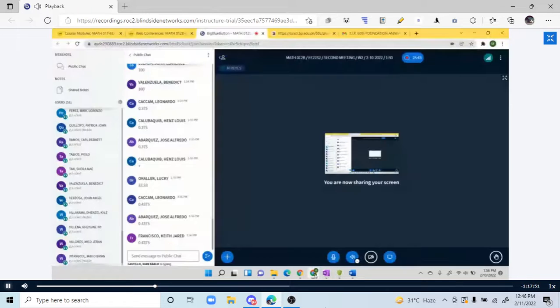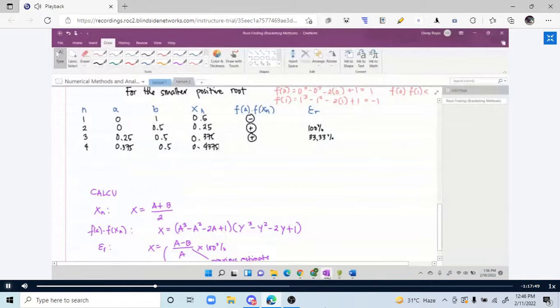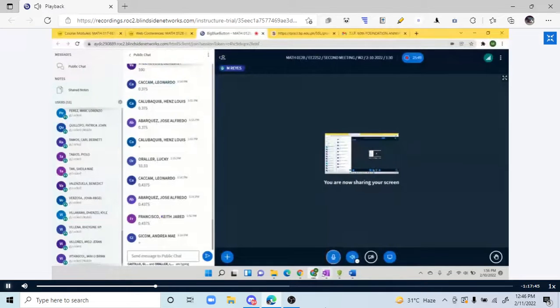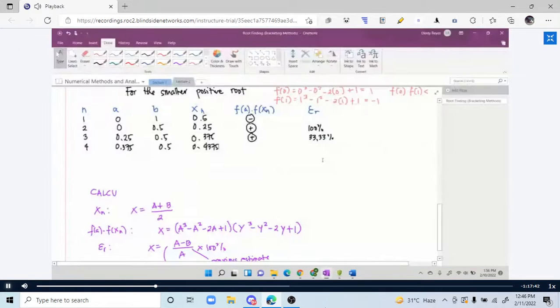Sign of this product. So it's still positive, yes, positive. And then the error, please. So this is the current estimate, 0.4375. Previous estimate is 0.375.